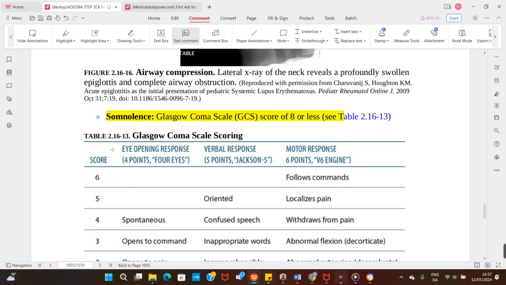So somnolence, because of people with low GCS score. Somebody that suffers maybe penetrating neck injury, although because we are talking about trauma here, we might not make reference to stroke.